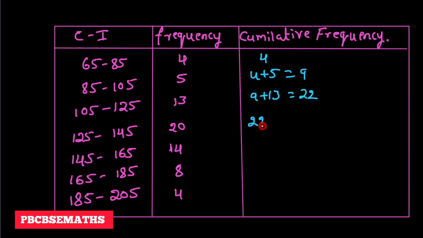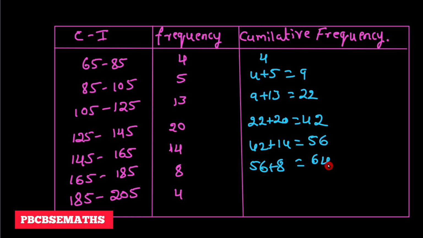Then 22 plus 20 gives us 42. Then 42 plus 14 gives us 56. Then here 56 plus 8 gives us 64. At last 64 plus 4 gives us 68. So this is our cumulative frequency.